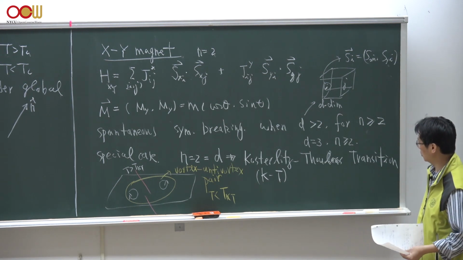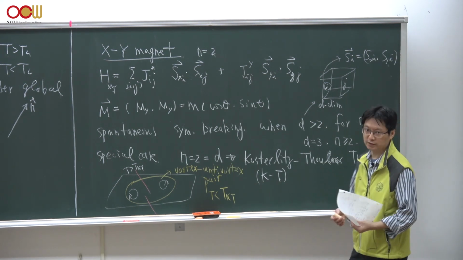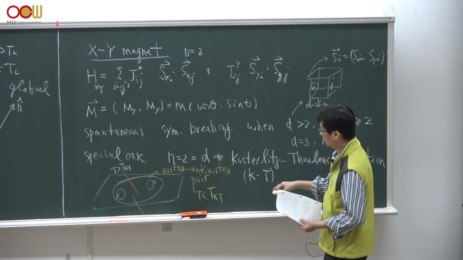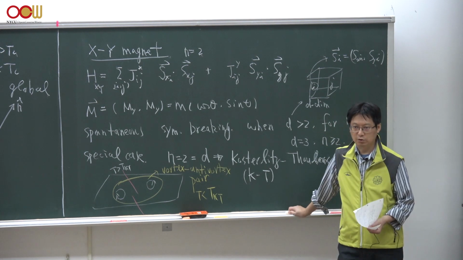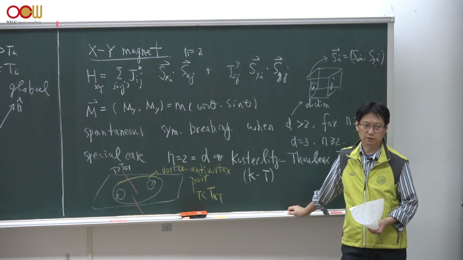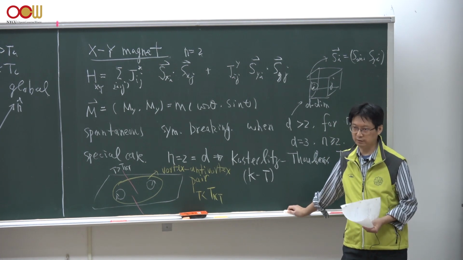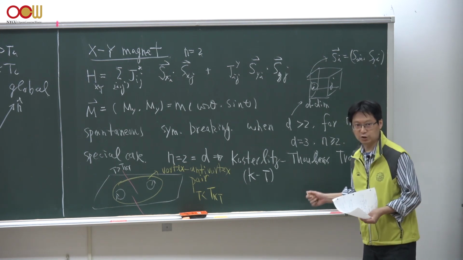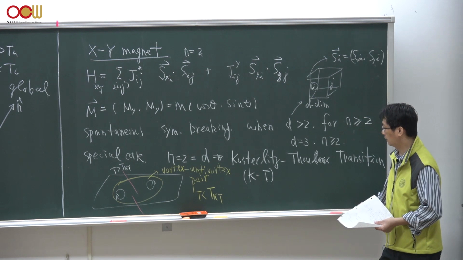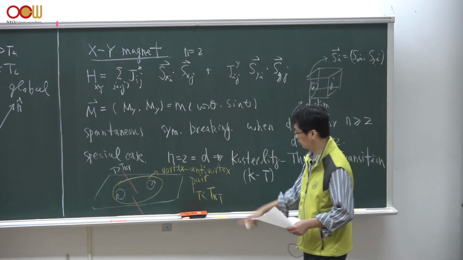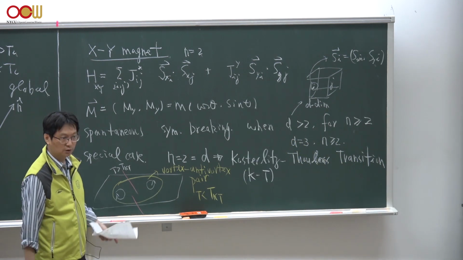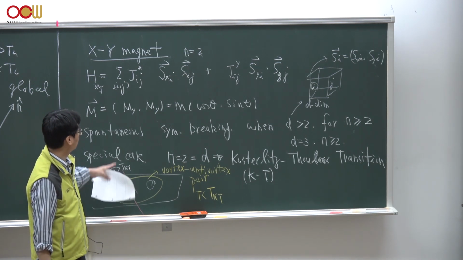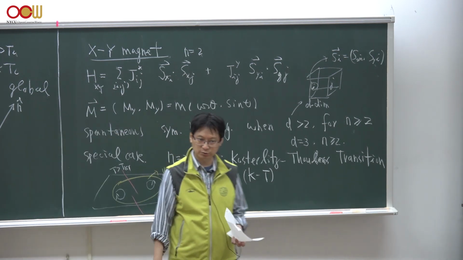But here in the KT transition, the correlation length diverges in an exponential way. Near the transition, the thermodynamics do not show power-law behaviors, but instead an exponential function. Still, it is a kind of phase transition at finite temperature, and it is due to the topological excitations of your system, superfluid or superconductors, and it can be described by the XY model in 2D.